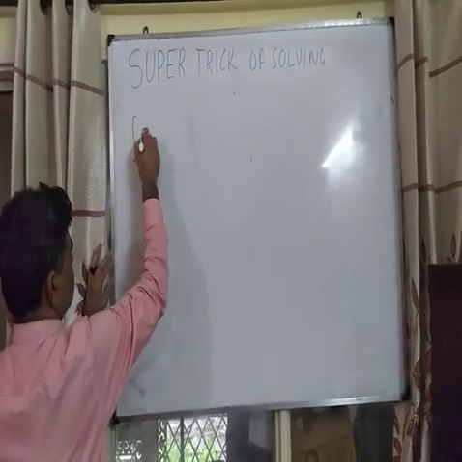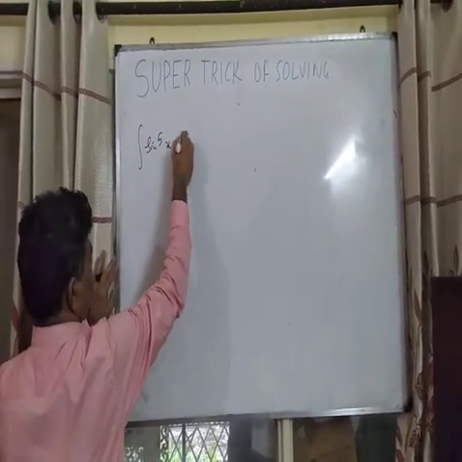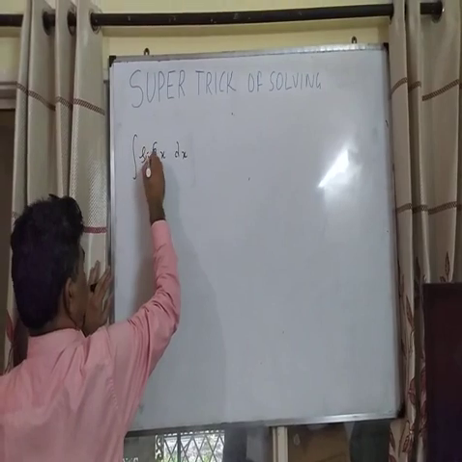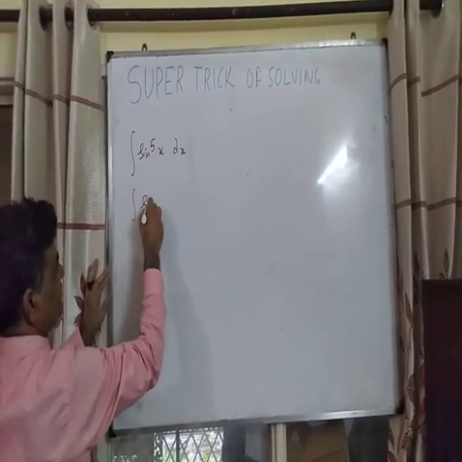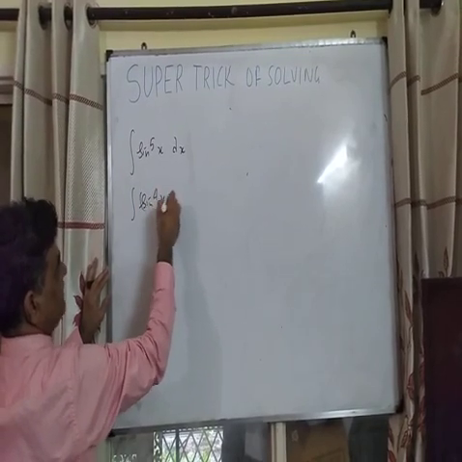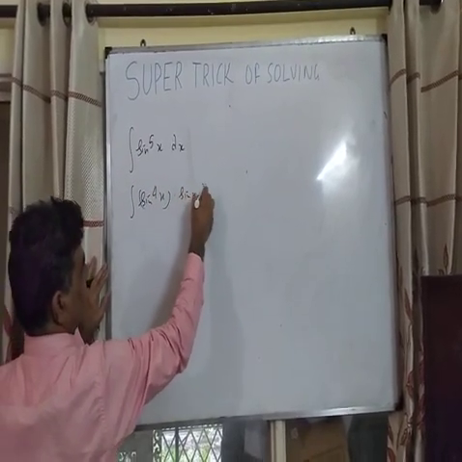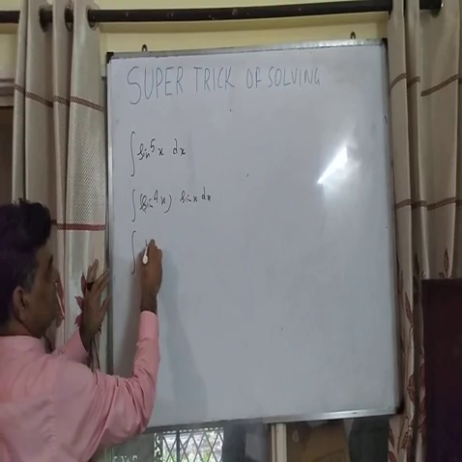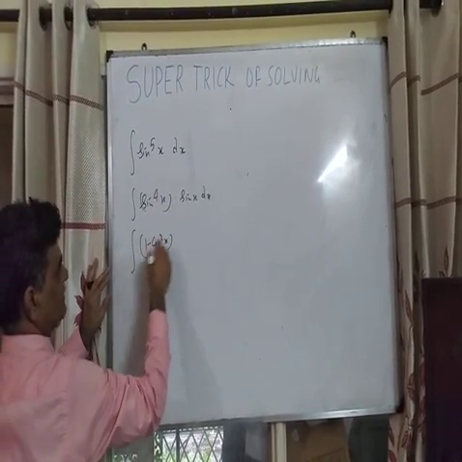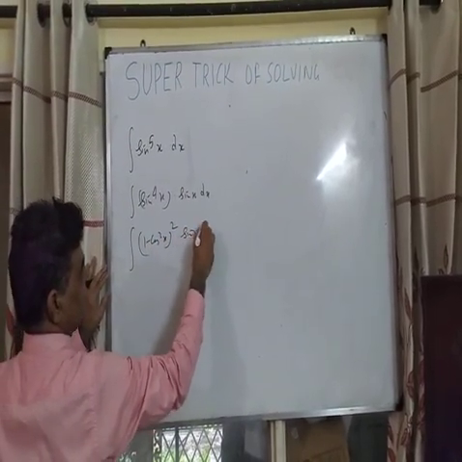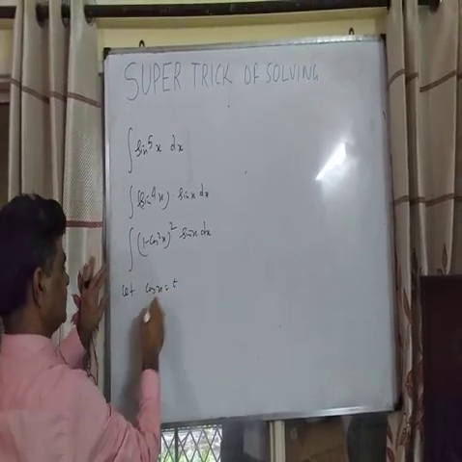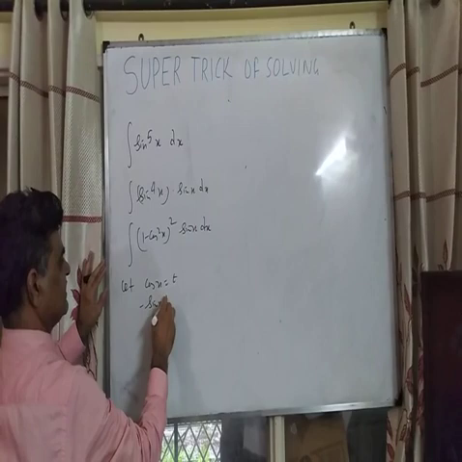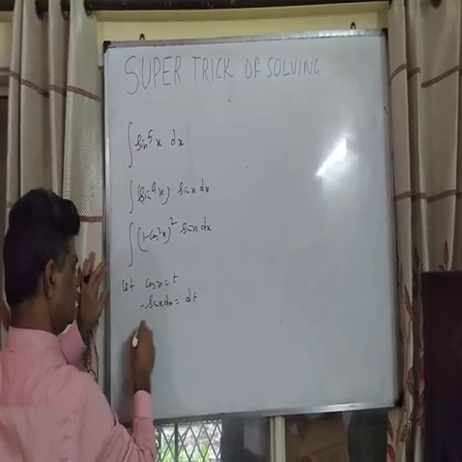Say for sin to the power 5x dx, then put sin to the power 4x here into sin x dx. So this you can write as 1 minus cos square x whole square sin x dx. Now let cos x equal to t. So minus sin x dx equals dt.